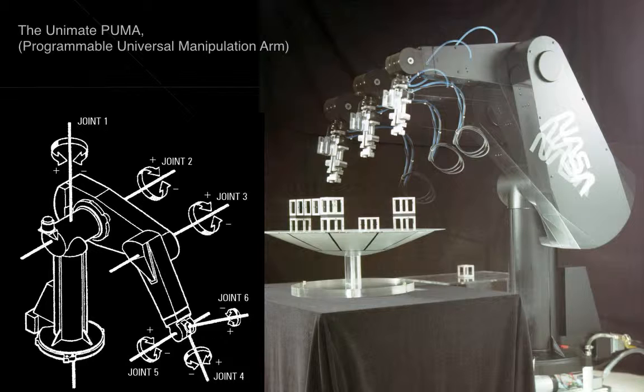You see the principles of industrial robots today are still the same, where we have 6 joints allowing a considerable degree of freedom in the operation of the arm.